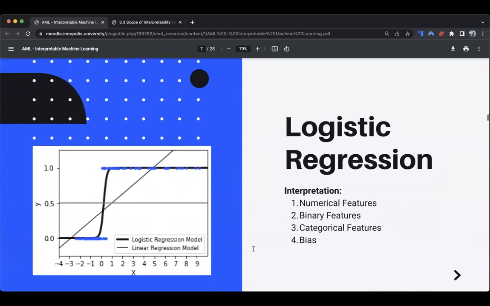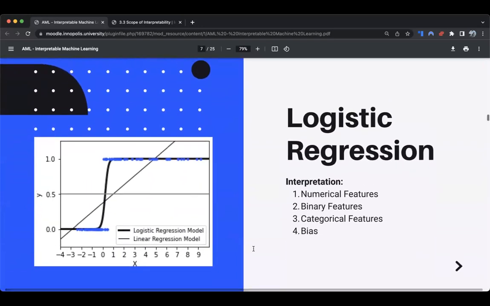So now that we spoke a little bit about interpretability in general, why we need interpretability and what the different scopes of interpretability are, now let's start with a simple example of logistic regression. Logistic regression is a pretty simple algorithm, as you might imagine. It's a very linear model, right? And it's a simple one.